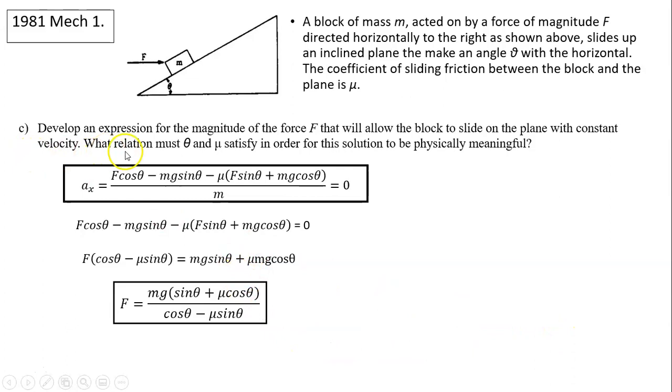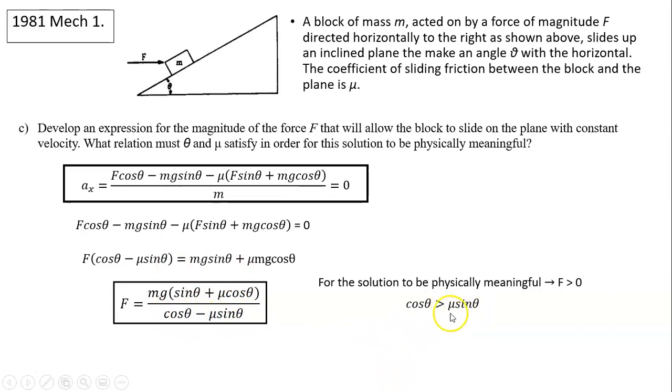The next question says, what relation must theta and mu satisfy in order for this solution to be physically meaningful? What does that mean, physically meaningful? Physically meaningful means F has to be greater than 0. If this has to be greater than 0, that means the denominator has to be positive.